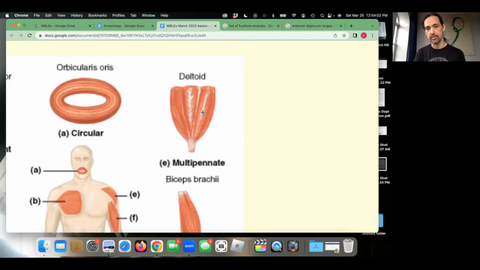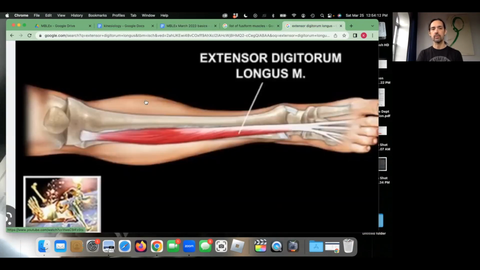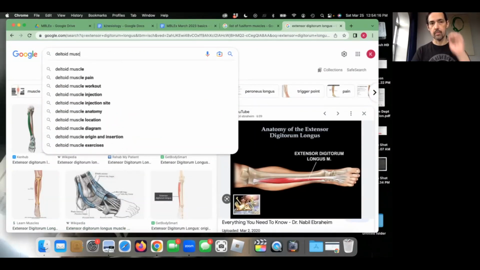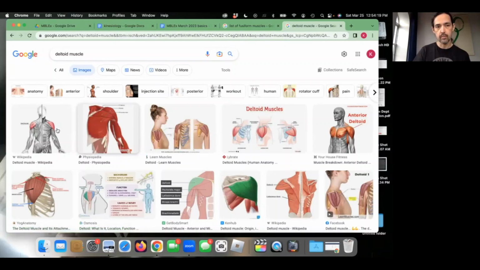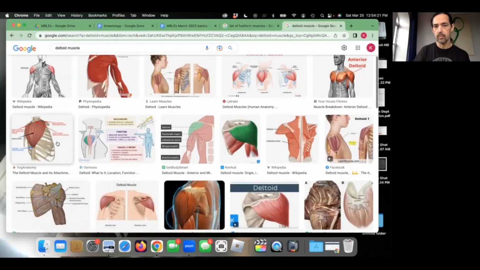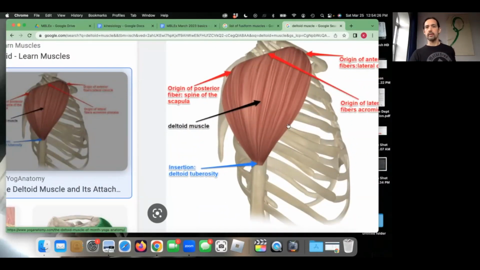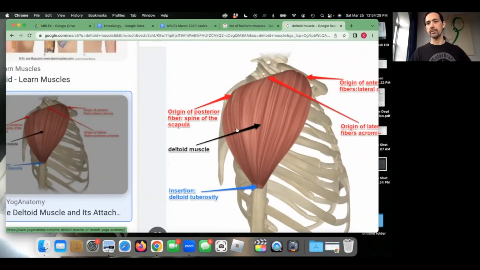And then there's multipennate, which are several strands of what look like bipennate muscles, and that's the deltoid muscle. Let's take one closer look. So notice in a lot of drawings, if you look at the deltoid muscle, it just looks like what kind of shape? Fusiform or convergent?